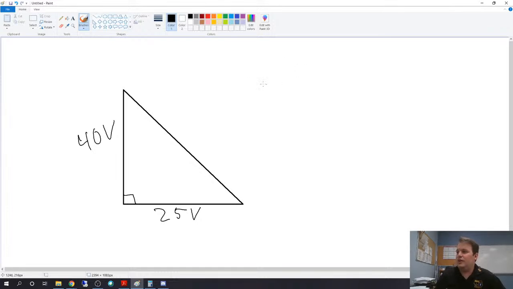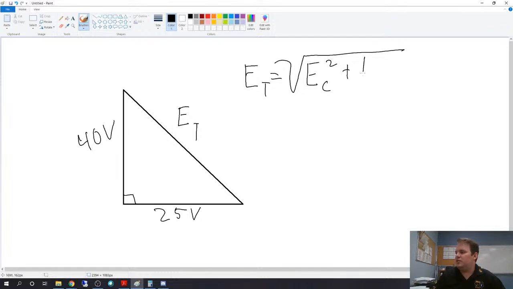So all you do is total voltage or applied voltage, whichever way you're looking at it. E total is equal to the square root of EC squared plus ER squared.